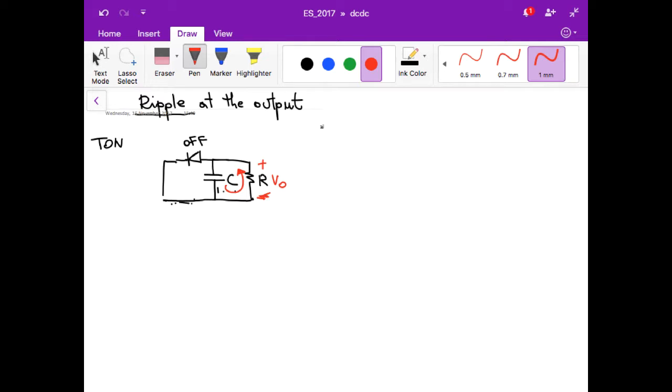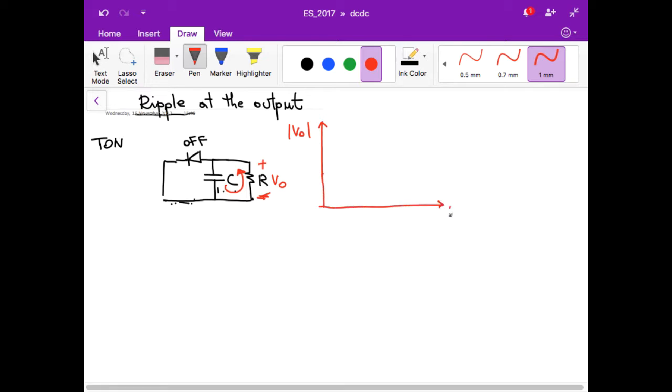So if I plot in detail the absolute value of VO as a function of time, actually it is not constant, it is an exponential, because when a capacitor discharges through a resistance, the voltage goes down exponentially. This is T on.